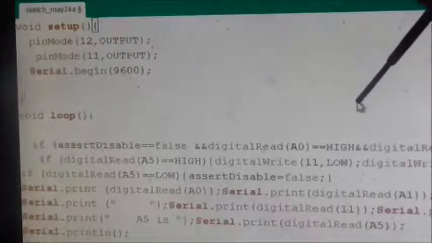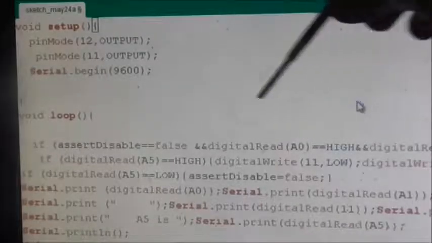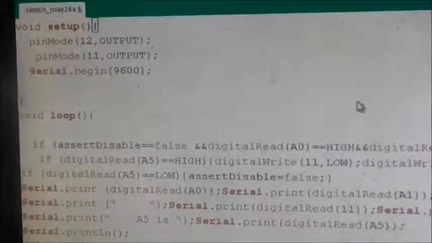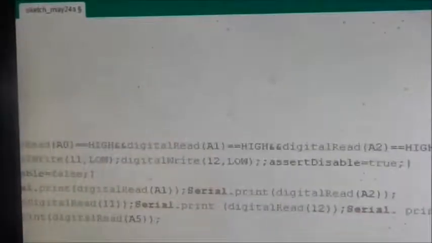Going down a bit. Now, if assert disable is equal to false, and the digital read of A0 is equal to high, and the digital read of A1 is equal to high, and the digital read of A2 is equal to high, then do all this.